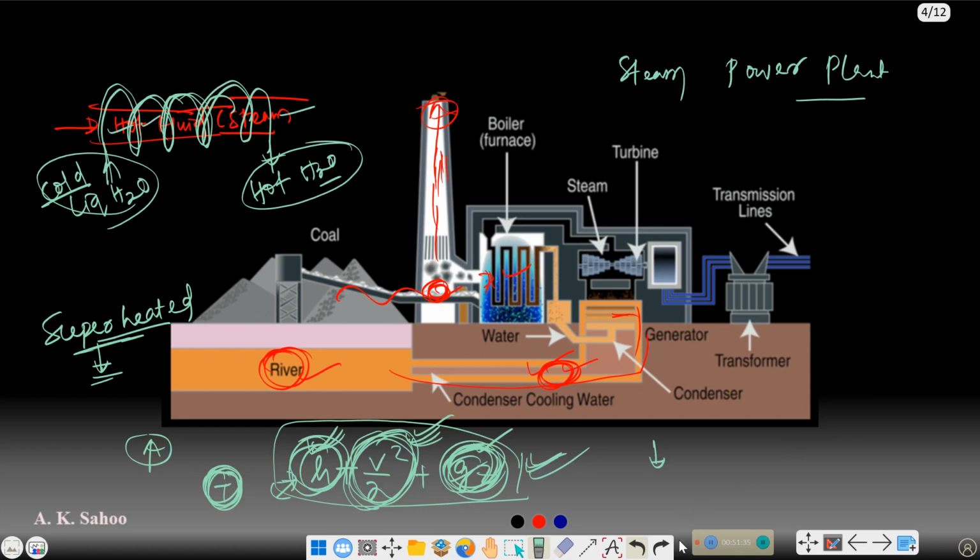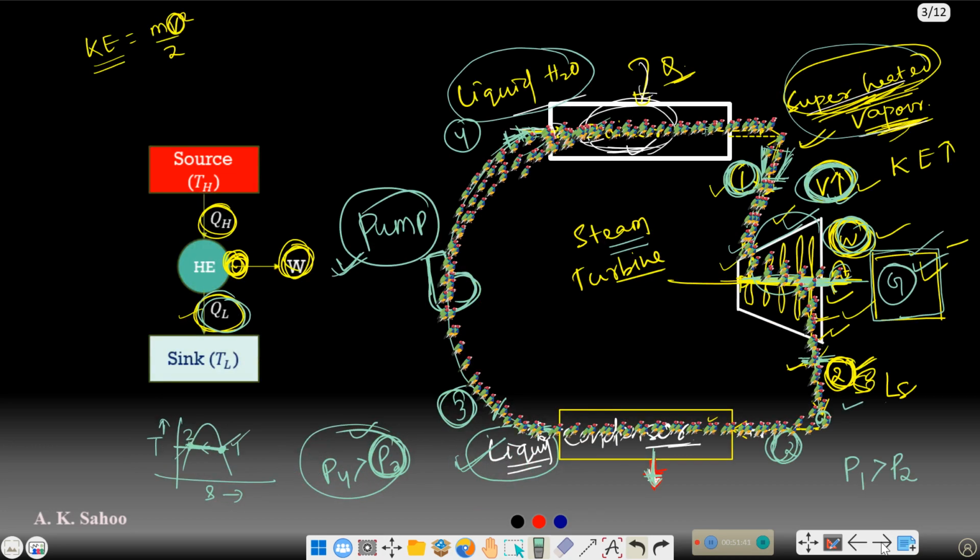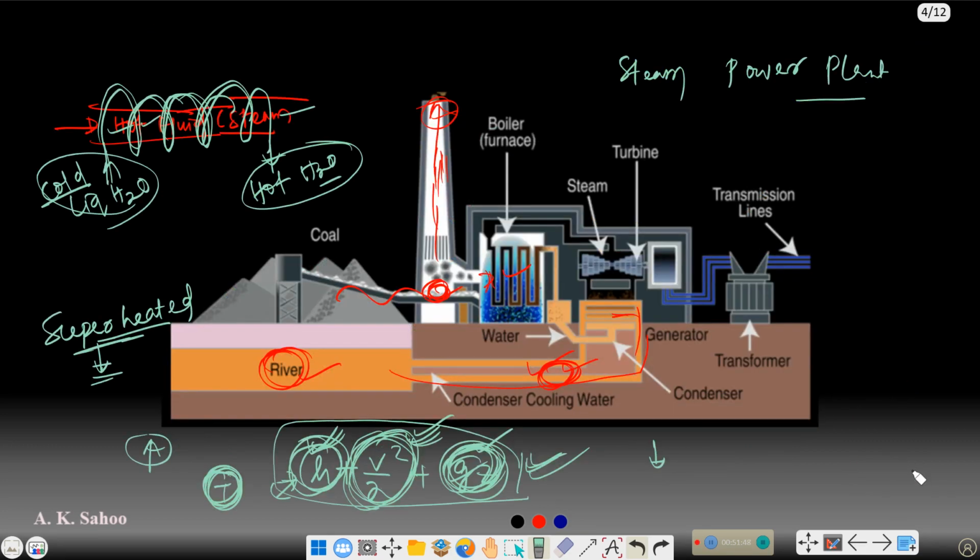So now I think we understood how a steam power plant works. For better understanding, let us see another layout where we can see the steam power plant and some other components.